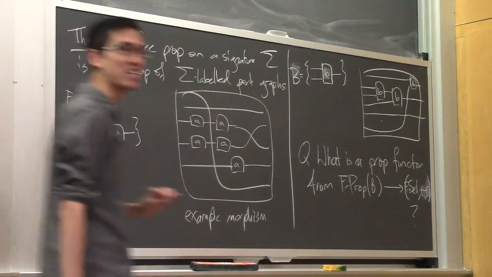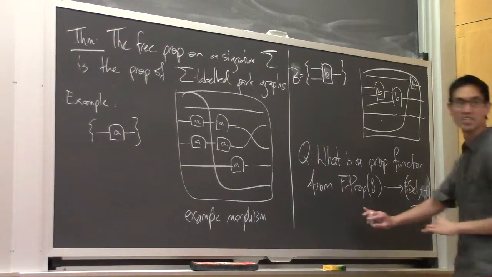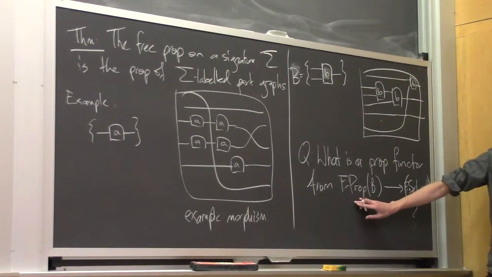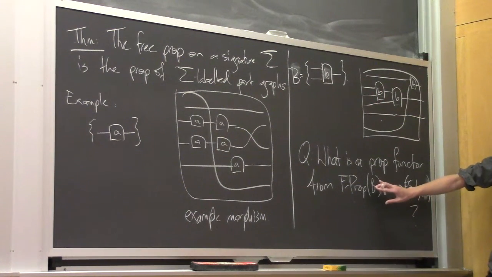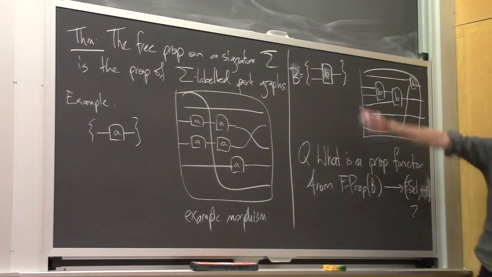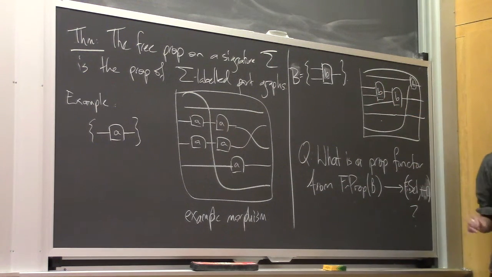Let's try and bring this back in. Has anyone started to process this definition? Can anyone tell me how you should think about a prop functor in light of this definition?